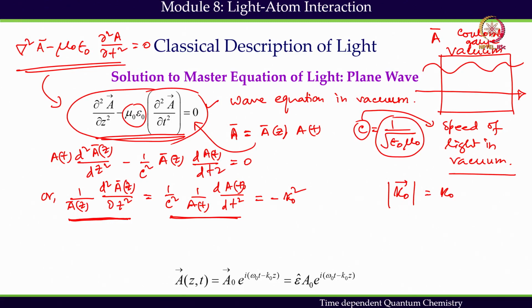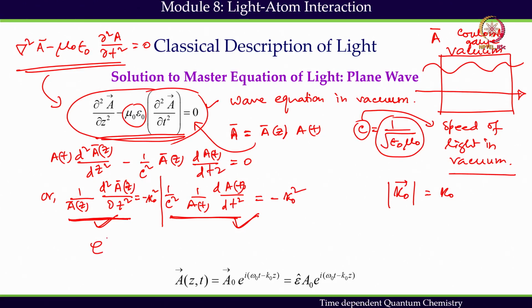So, if we do that, then finally we get two equations. One equation is that this equals minus k naught square, and this equals also minus k naught square. There are two equations we get, one equation z dependent, another equation t dependent, and these equations can be solved by the exponential function.